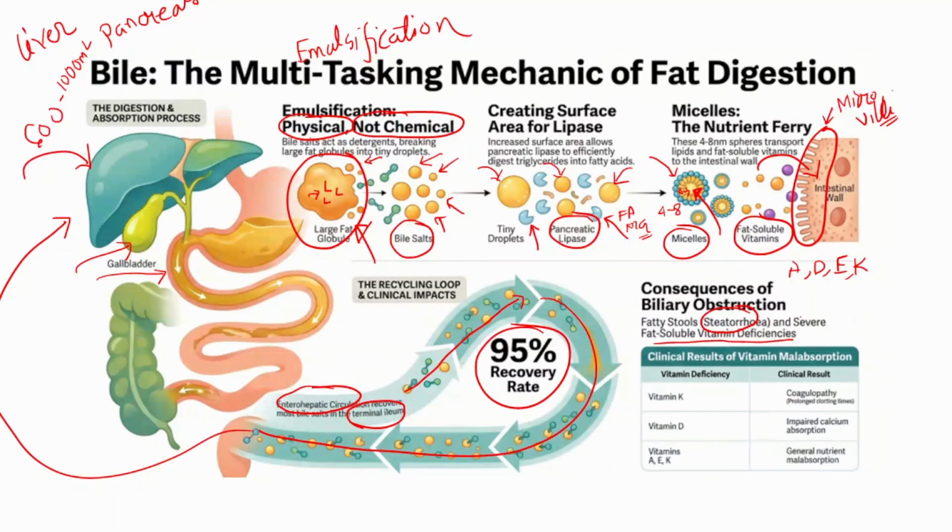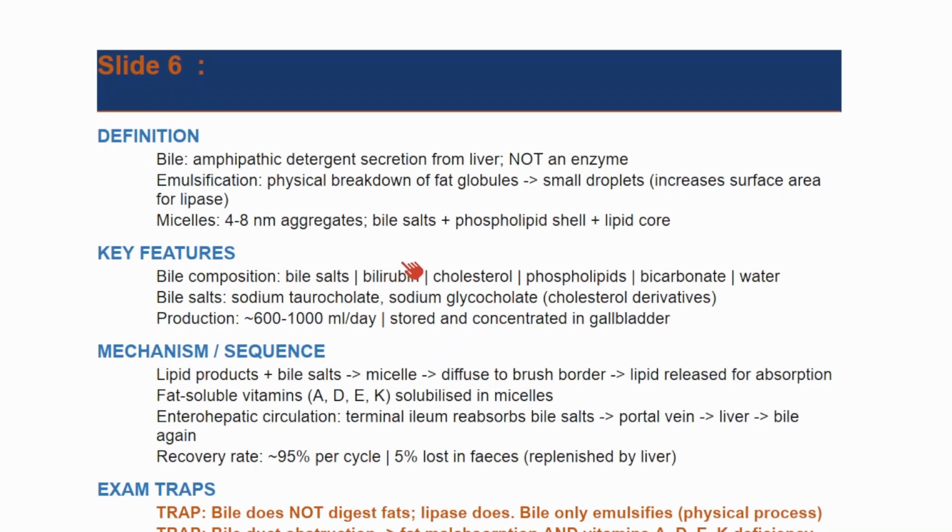Having mapped out this entire biliary mechanism and recycling loop, we will now transition directly to the explicit text definitions, sequence parameters, and high-yield criteria displayed on our anchor slide, or slide 6. The slide text explicitly defines bile as an amphipathic detergent secretion originating from the liver, emphasizing that it is not an enzyme.